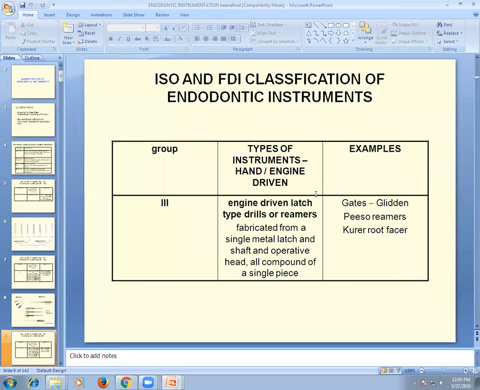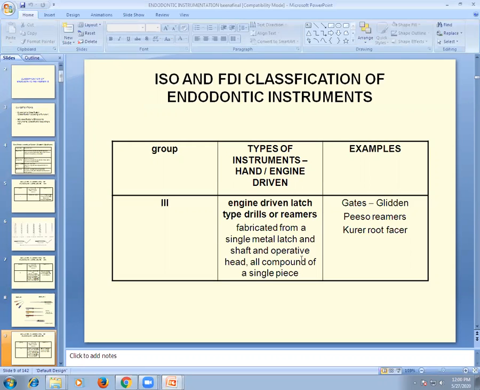Third group is engine-driven latch-type drills or reamers. Now, the examples in group 3 are Gates Glidden and Peeso reamers. Okay, the difference between group 2 and group 3: these are also latch-type, just that the entire reamer is fabricated from a single metal latch.